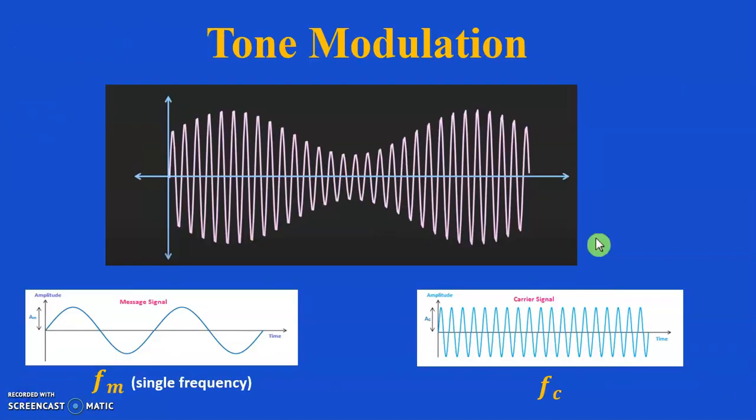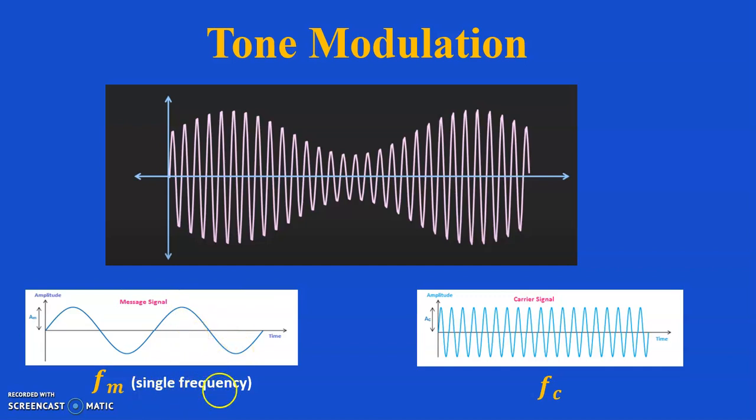To explain the working principle of envelope detector, we are considering the case of tone modulation. That means here the message signal is a sinusoidal wave of a single frequency.